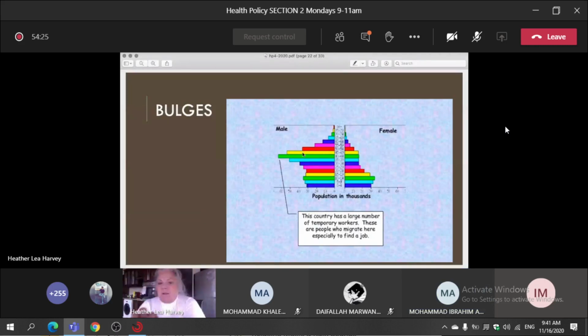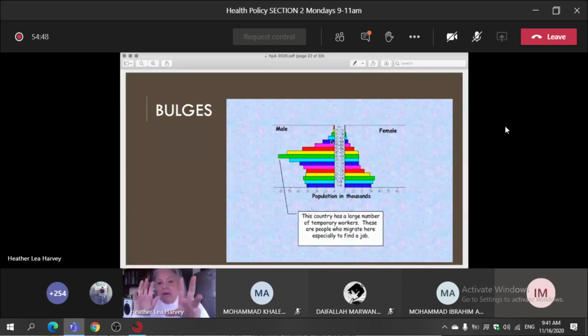This is typical of a country that imports its labor workforce. In other words, they bring people in because they need people to work for them during their working ages. And then notice when we get right back up to the 60s, at retirement age, they send them home. That country is not taking the responsibility of that care.